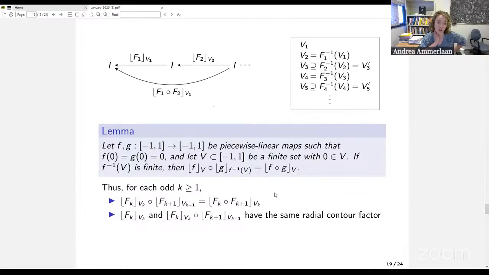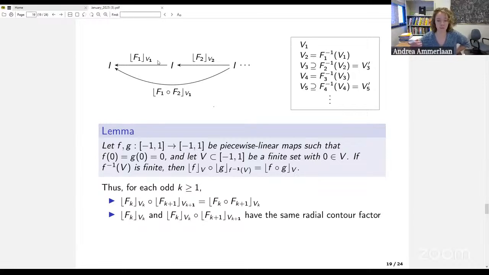Now, we have a lemma which tells us that if you have any maps F and G and a finite set V, if F inverse of V is finite, then F truncated with respect to V, ring G truncated with respect to F inverse V, equals the truncation of F ring G with respect to V. So since we chose our Vks in that sense, where V2 has to equal F1 inverse of V1, that means that for every odd k, so here with 1, we have F1 truncated with respect to V1, ring F2 truncated with respect to V2, equals F1 ring F2 truncated with respect to V1.